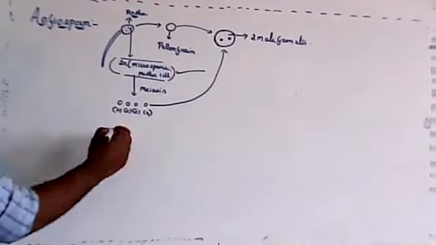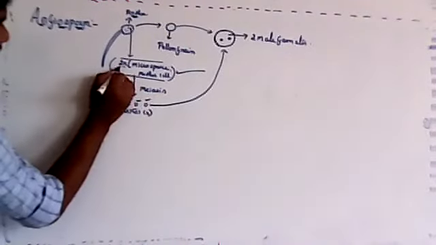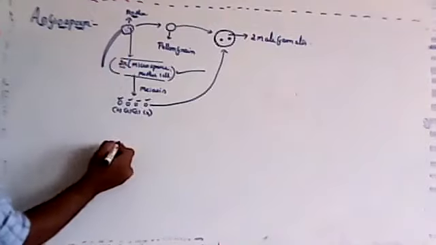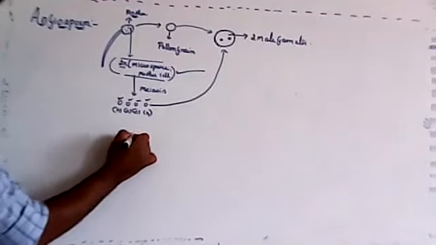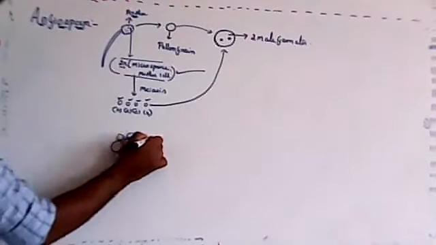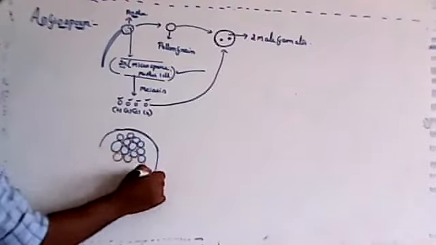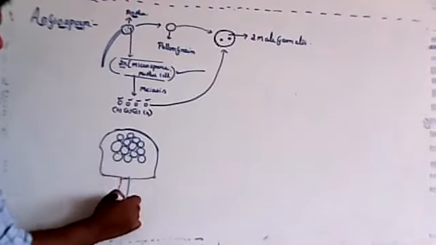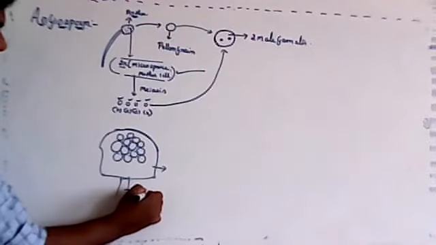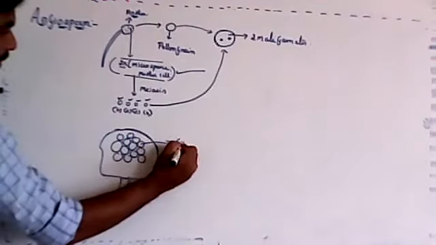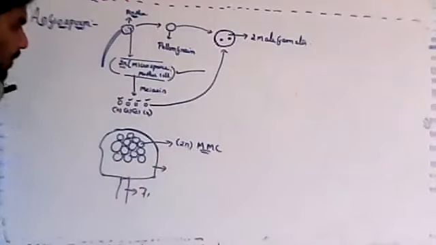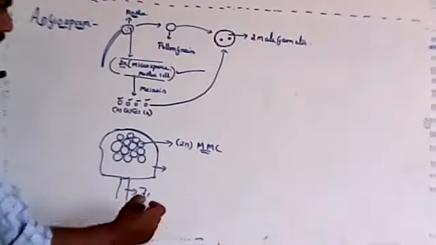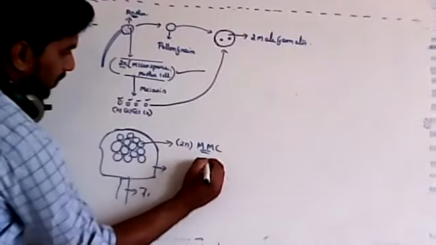One round of meiosis gives four haploid cells. There will be a cluster of diploid cells inside the anther, and these diploid cells will give rise to pollen grains. The upper part is called the anther, then the filament. Each diploid cell is called a microspore mother cell, MMC. Micro is used here.